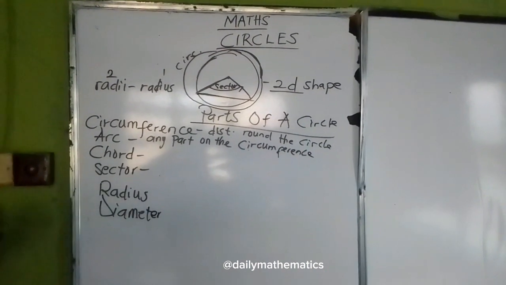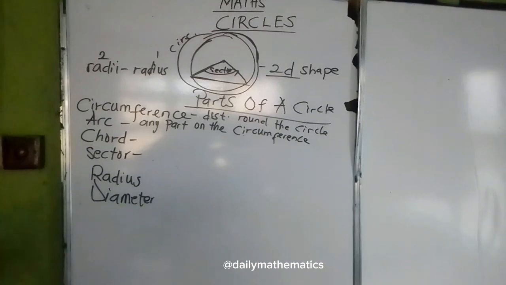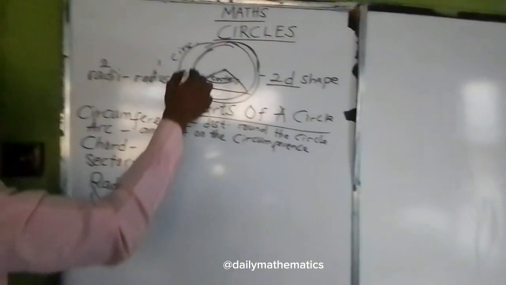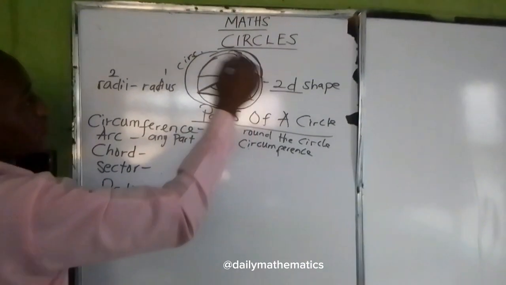The next part of the circle we'll talk about is the diameter. What is the diameter? A diameter is a line that divides a circle into two equal parts.